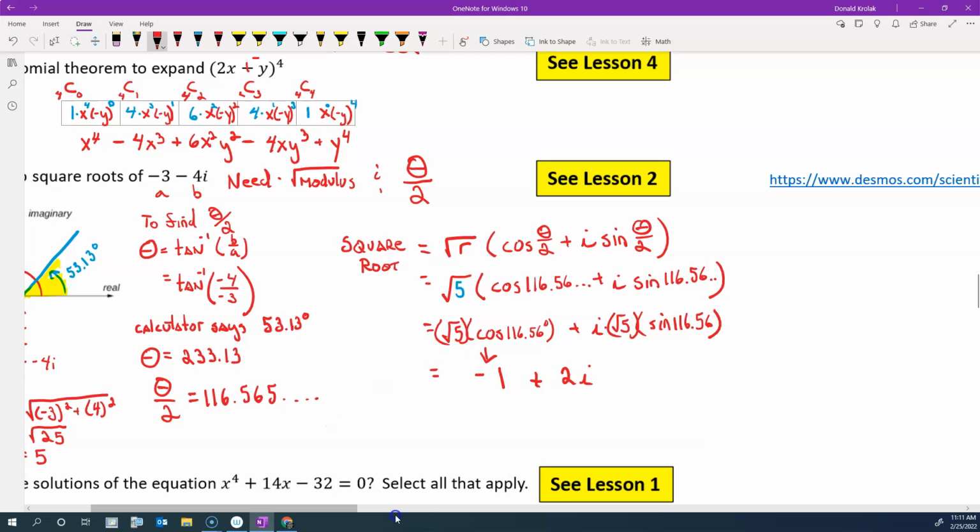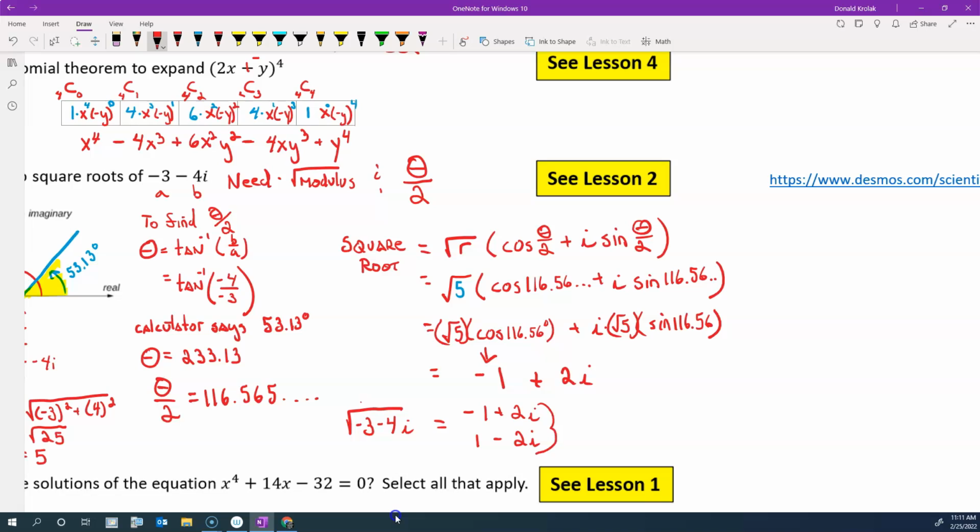So my two square roots: the square root of this is going to equal -1 plus 2i. And now take this and multiply it by -1, 1 minus 2i.